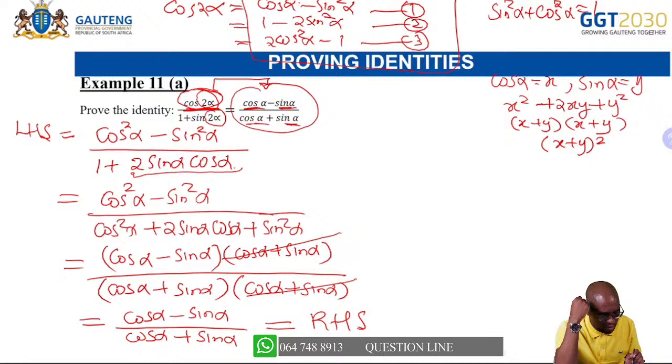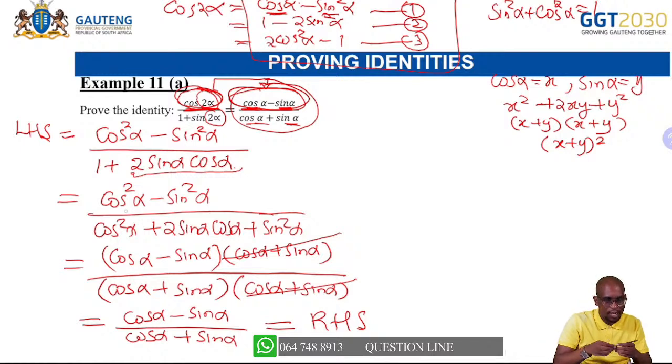You get the 3 formulas for the double angle of the cosine. Now I need to know which one to choose. If the left should be equal to the right, then the numerator on the left should be the same as the numerator on the right. And the numerator on the right has cosine and sine. That is why I chose an equation with cosine and sine.